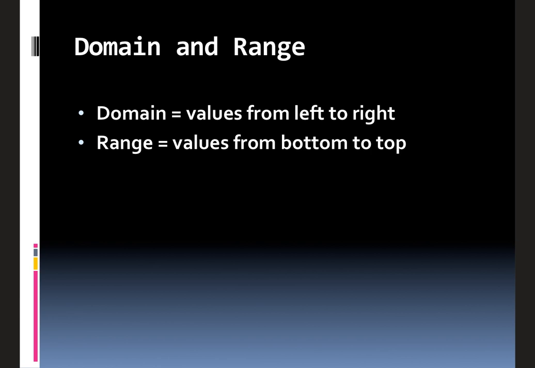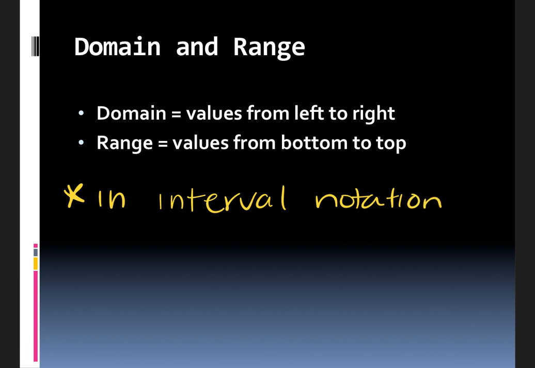But when you're looking at a graph, which is what we're going to focus on today, the domain is the x values, from left to right, and the range is the y values, bottom to top. This is also going to be in interval notation, just like your domain was in section 1.2.